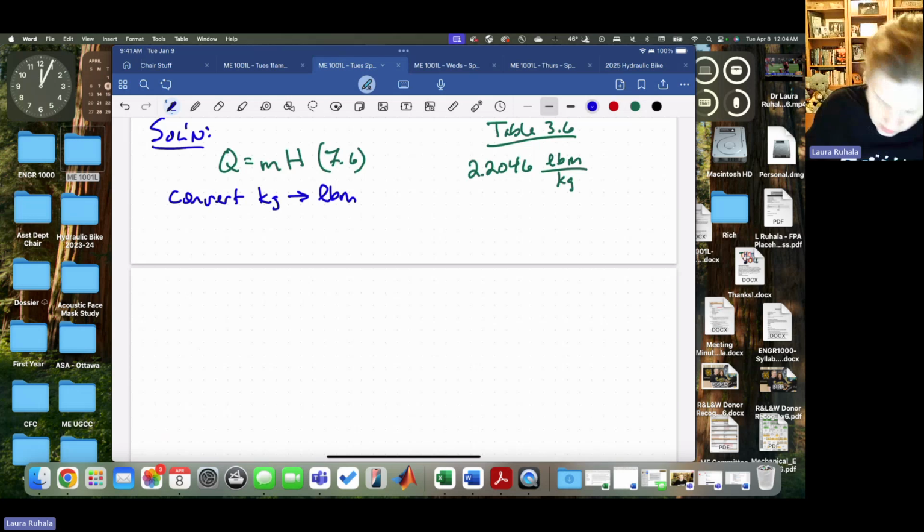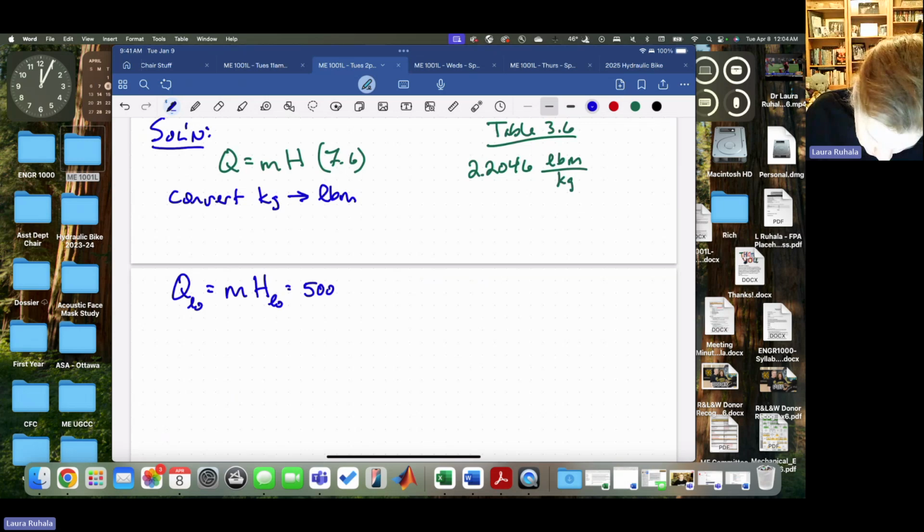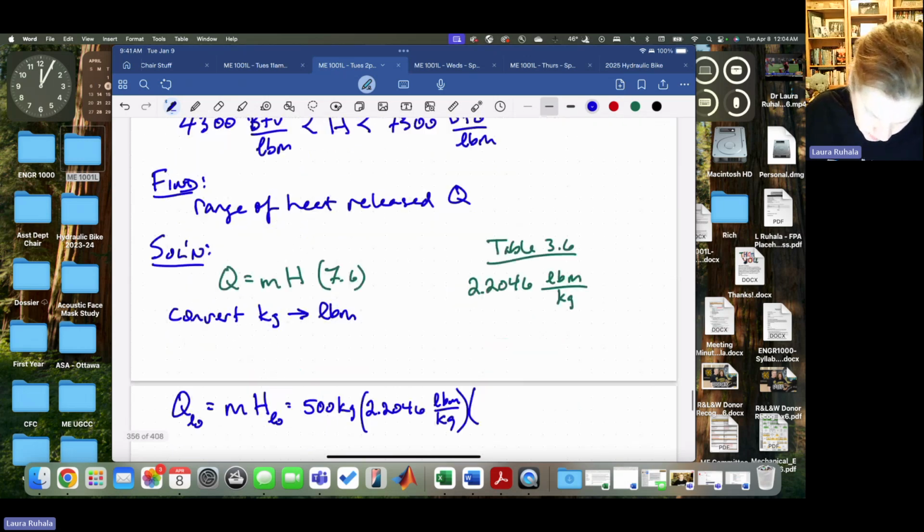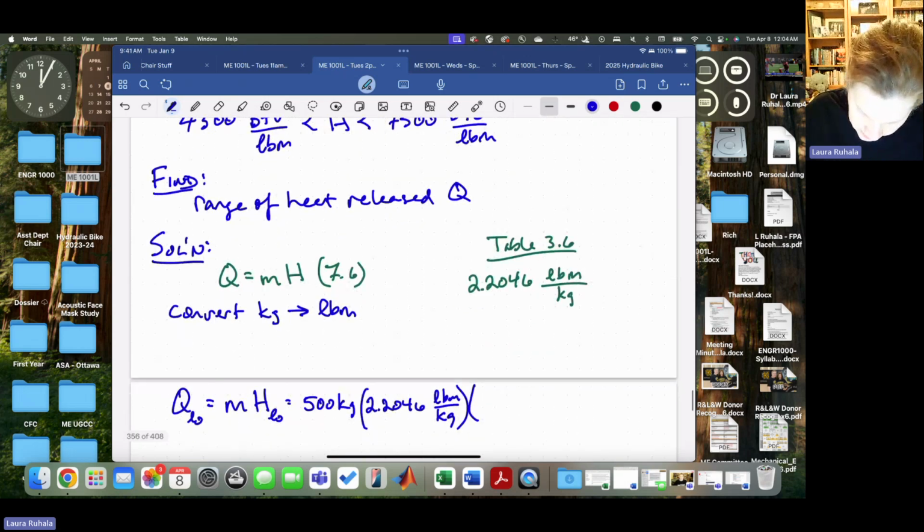So my low heat would be mass times the low heating value. So it would be my 500 kilograms times the conversion of 2.2046 pound mass per kilogram, and then times the lower heating value, which was 4,300 BTU per pound mass.